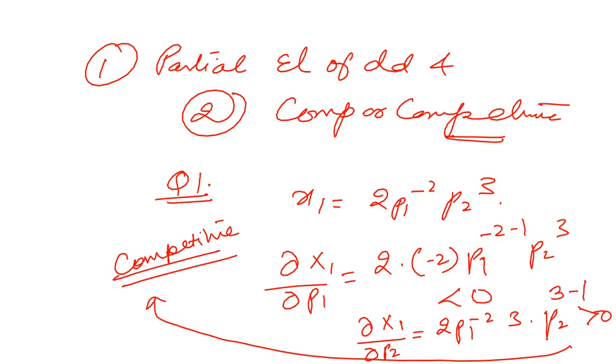Now after this, when we find the elasticity, let's find N11. This is minus of P1 by X1 times del X1 by del P1. My del X1 by del P1 was coming out to be minus 4.